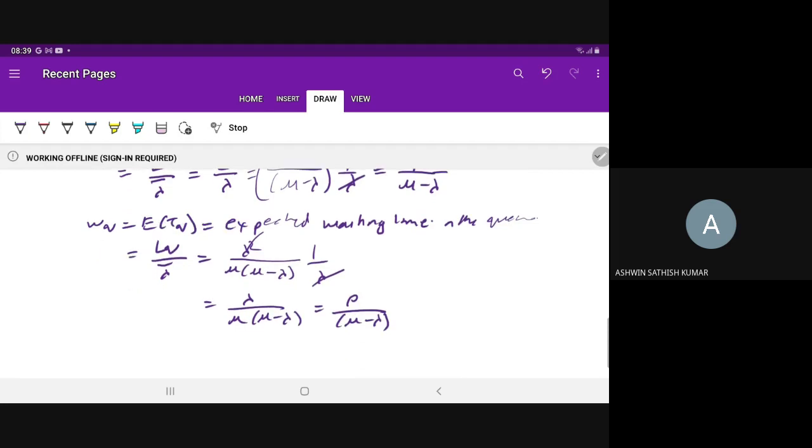It is advised that you write all the formulas at one place, so that when we do the numerical example, you do not have to revise your papers. So here we have computed the expected waiting time in the system and the expected waiting time in the queue.